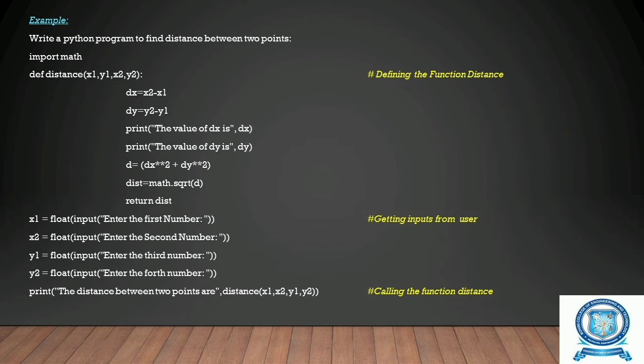These are the parameters given in the distance function call. The distance call in the last line is the function call. These parameters are passed to the function definition at the top, the values are substituted inside the formula, and we get the answer, which is returned as return dist.